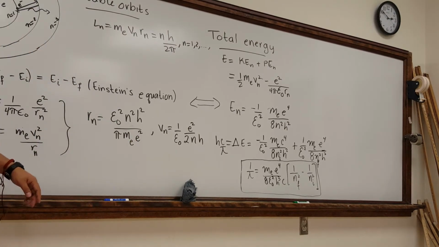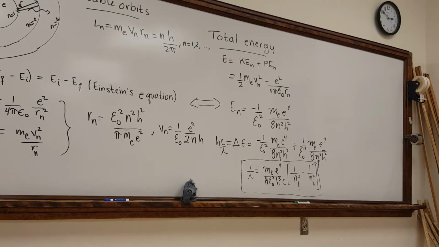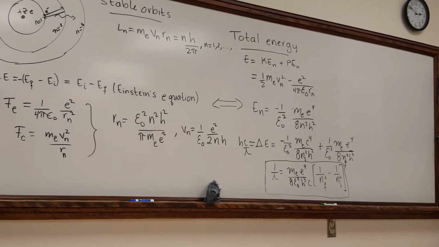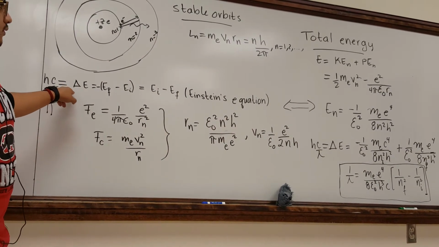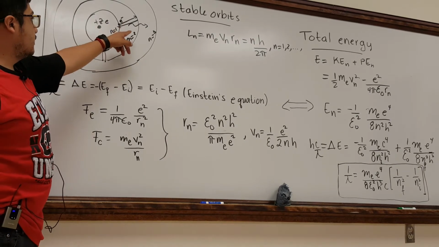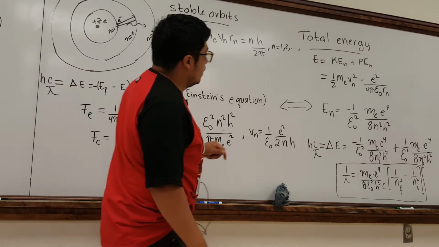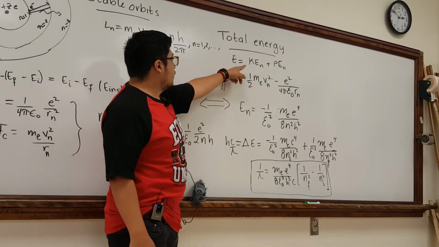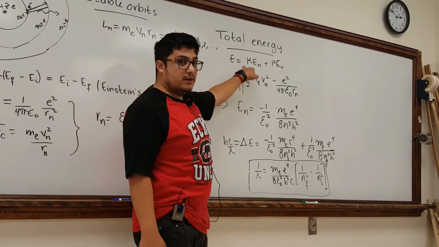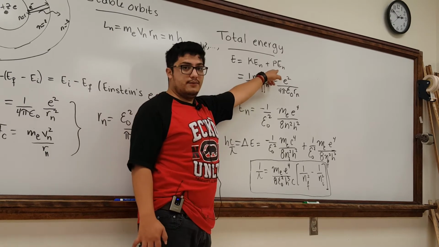Then we remember that we're talking here about total energy. The total energy of an electron orbiting the nucleus is the kinetic plus the potential energy, right?